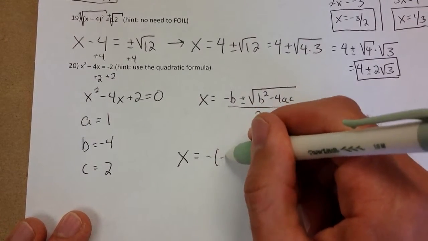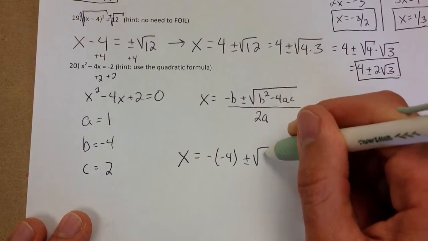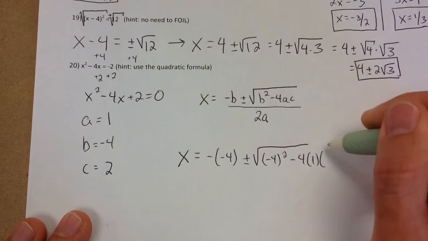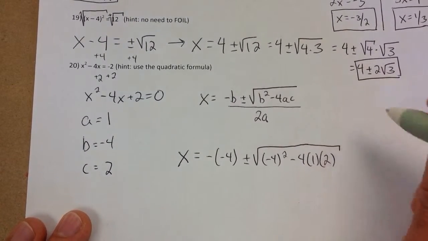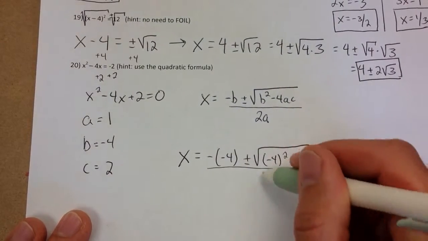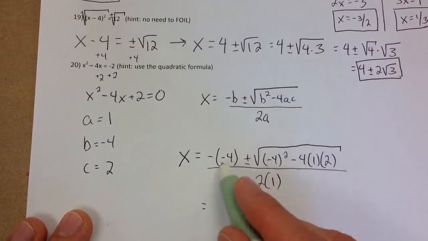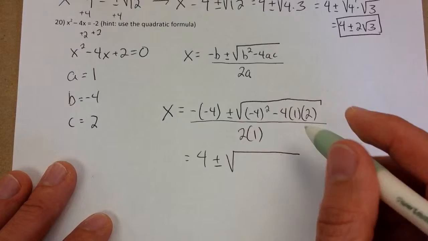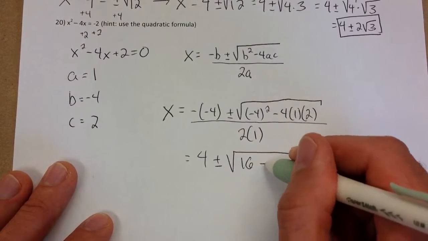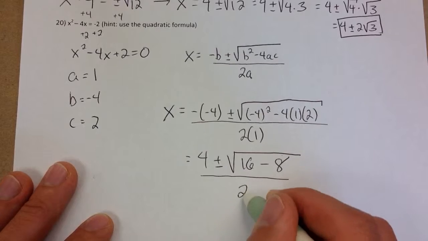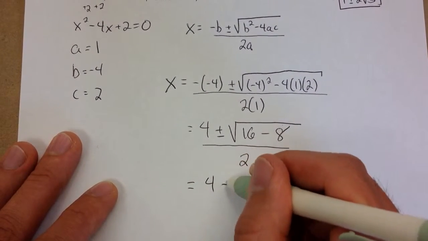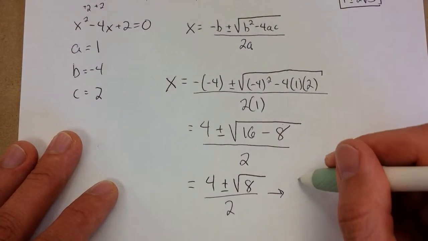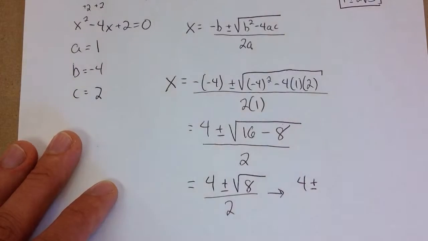Now it's just using the formula and doing some simplification. So x equals the opposite of negative 4 plus or minus the square root of negative 4 squared minus 4 times 1 times 2, and that square root divided by 2 times 1. This becomes positive 4. Underneath the square root, this becomes 16, and then minus 8, all over 2. Further simplification makes the square root of 8. Then we can simplify the square root of 8 using a process similar to what I did with the square root of 12.